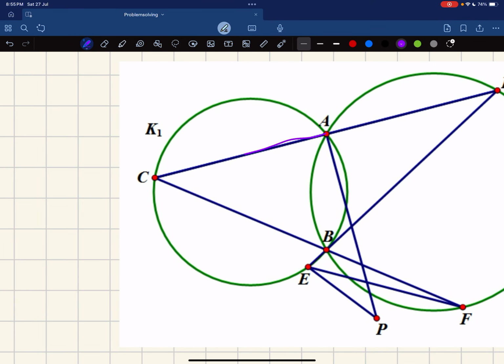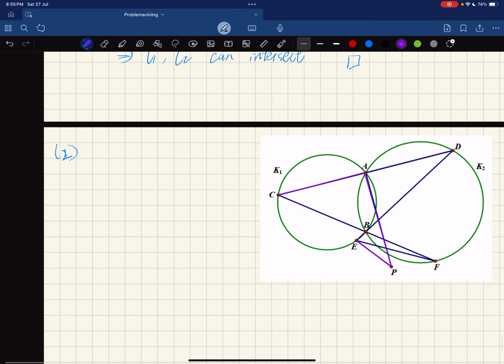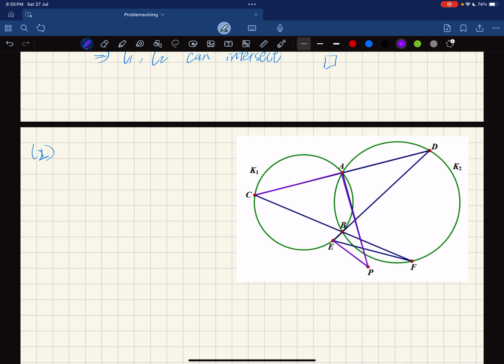CA, AP, and PE. Like they are the sides of a right triangle. So in the graph, what can we seek out?